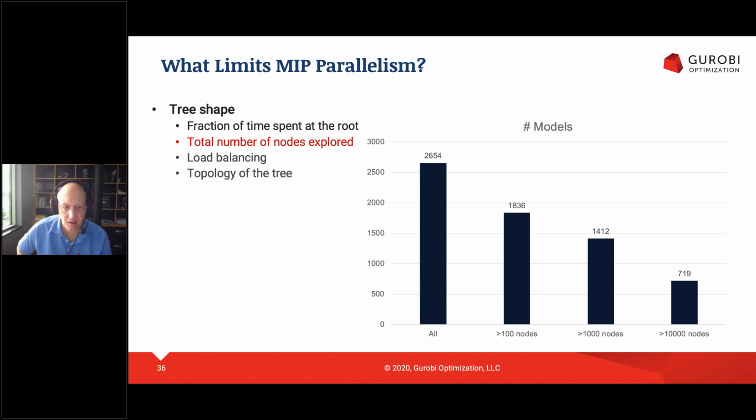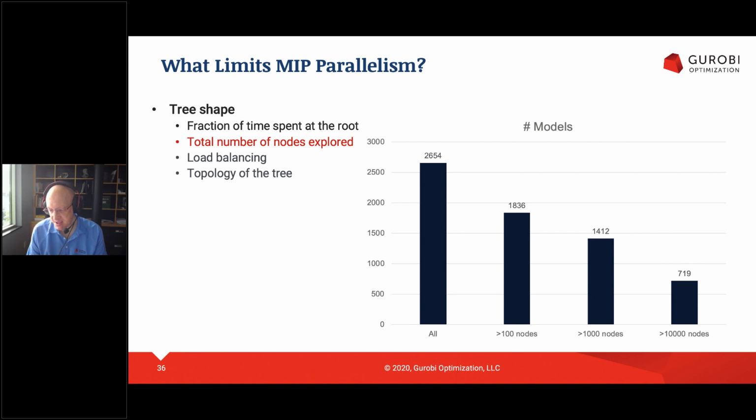So another thing that limits parallelism is the total number of nodes explored. Clearly, if you've got a lot of cores and you're not exploring a lot of nodes, that's going to limit your ability to distribute nodes among cores. So this graph shows, among the models in our test set, the number of models that explore more than 100 nodes, the number that explore more than 1,000, and the number that explore more than 10,000 nodes.